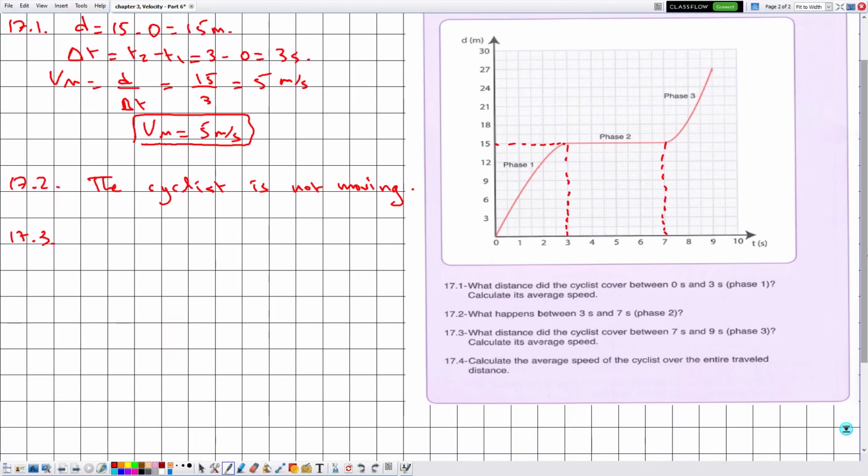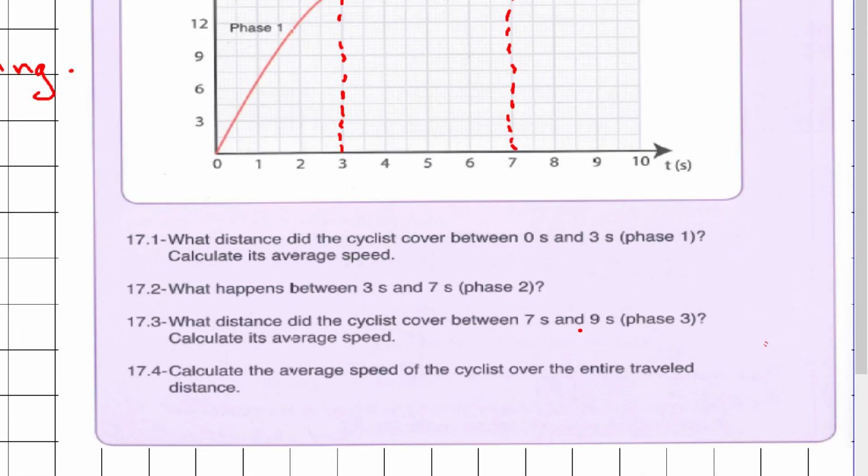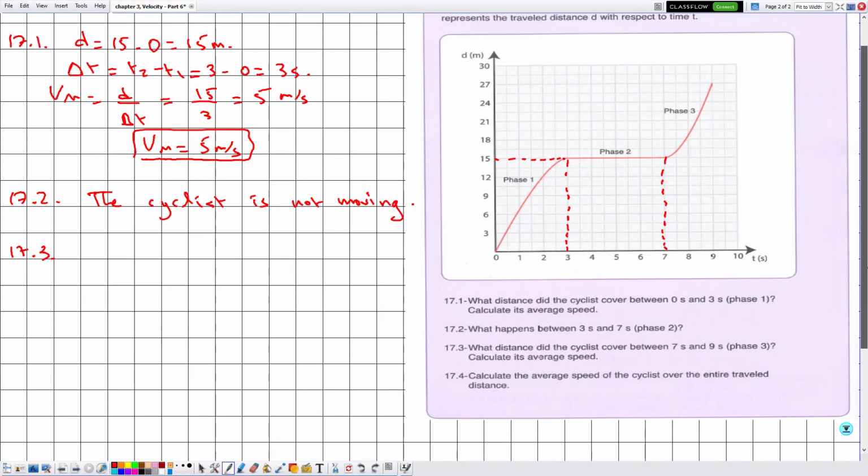Now in 17.3, they are asking me what distance the cyclist covered between 7 seconds and 9 seconds, corresponding to the third phase.